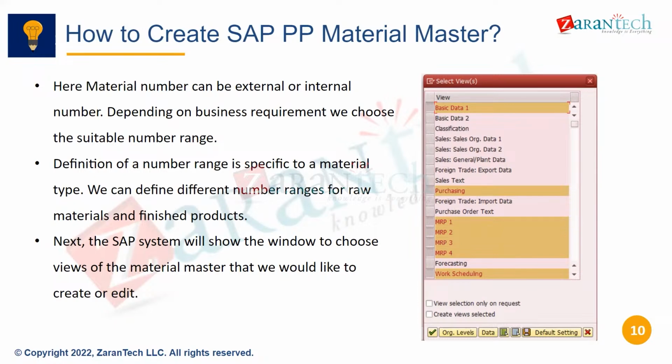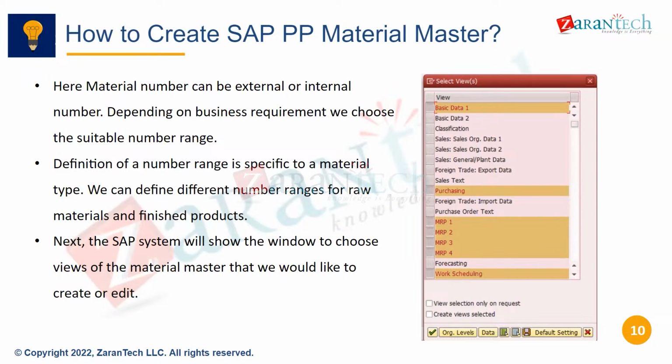Once you go and create a material master, depending on the configuration, these are the views that are allowed. This basically depends on the material type configuration. In the configuration you allow the views for this particular material type.